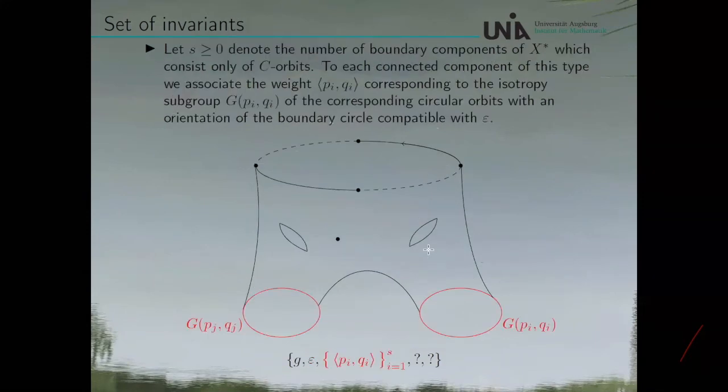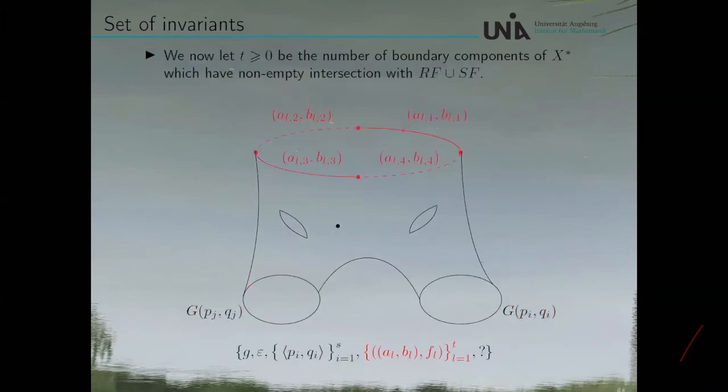And then the next weight is related to those boundary components which entirely consist of the circular orbits. So we show them by this notation. And then we have the boundary components which have fixed points, and we use this notation.